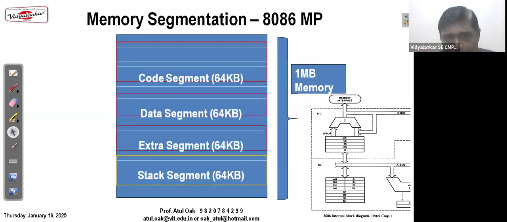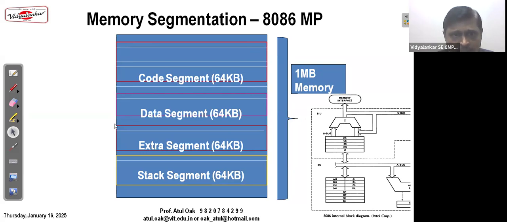If you see the diagram very carefully, this entire 1 MB memory you divide in logical partitions. You must have seen some colored partitions visible, like in red color, in maroon color, or in yellow color. Okay, so this is one partition called code segment.